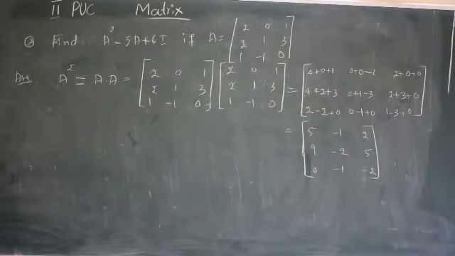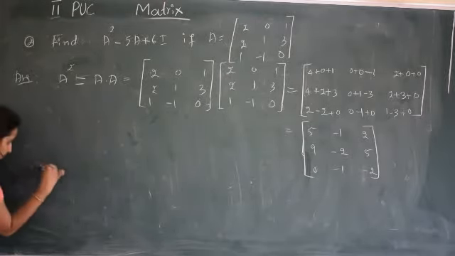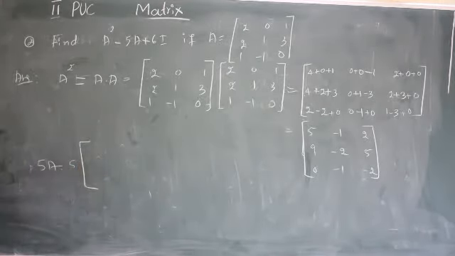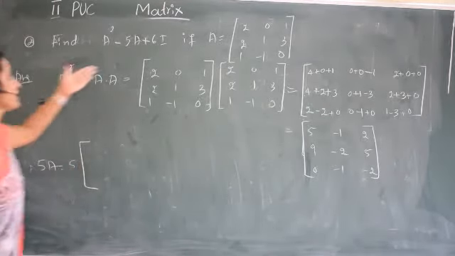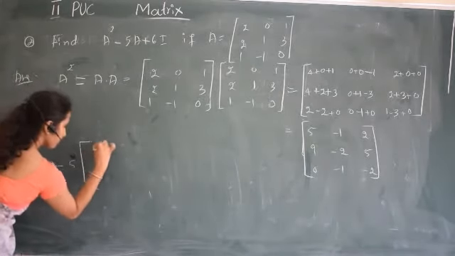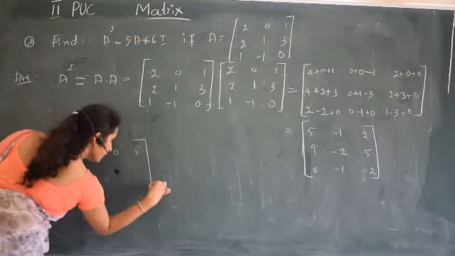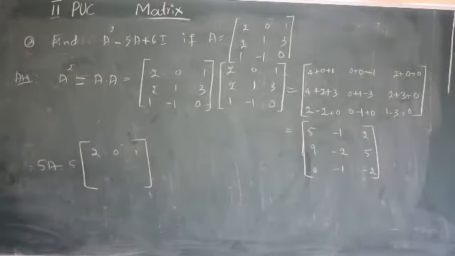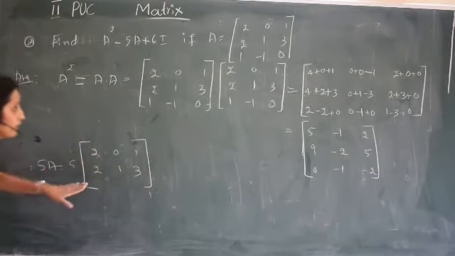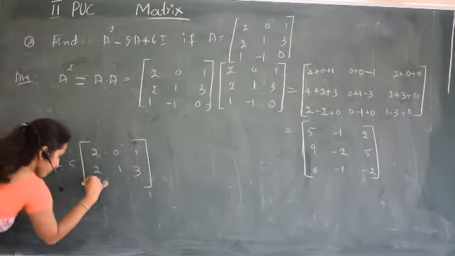Now we have to calculate 5 into A and 6 into I, because we want to find minus 5A plus 6I. So 5 into A is 5 times the matrix 2, 0, 1; 2, 1, 3; 1, minus 1, 0.